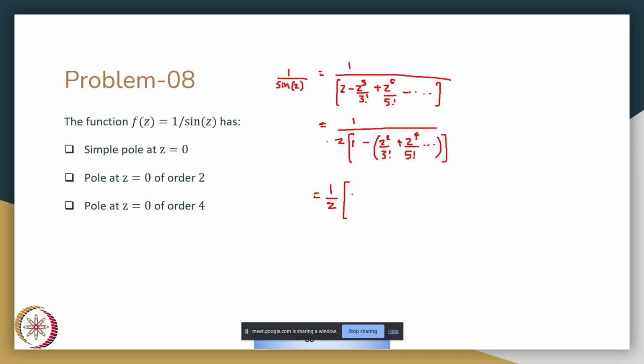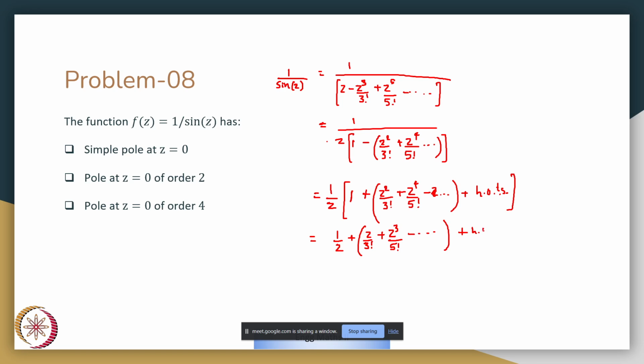We can write this as 1 plus z square by 3 factorial plus z to the 4 by 5 factorial plus some higher order terms in the series, which is nothing but 1 by z plus z by 3 factorial plus z cube by 5 factorial plus again higher order terms.